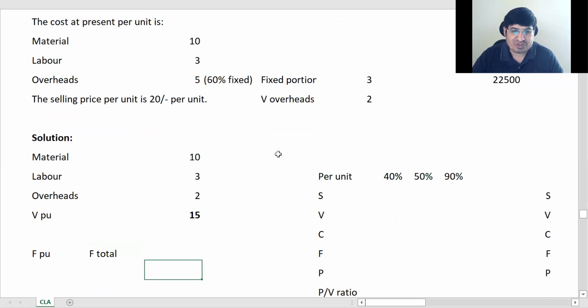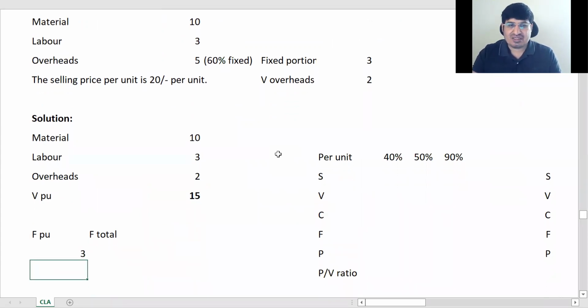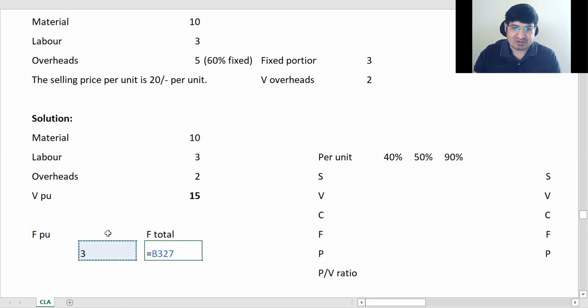So now fixed cost per unit, we'll write here 3. Fixed cost per unit is 3 here, and fixed cost total is how much? 3 into 10,000. 30,000 is the total fixed cost.